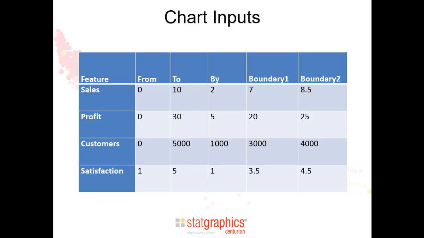From, to, and by define the scale over which each feature will be displayed. Boundary 1 is the location of the boundary between the green area and the yellow area. Boundary 2 is the location of the boundary between the yellow and the red areas.